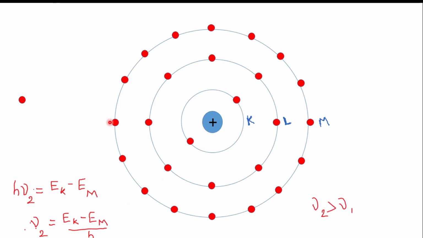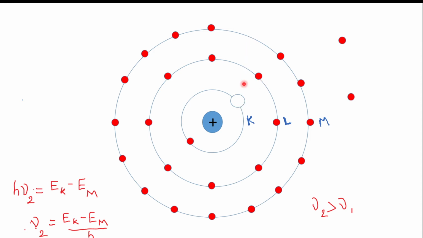Now, if the electron bombards, penetrates and knocks out the electron from the K shell, this vacancy may be filled by an M shell electron rather than an L shell electron. The electron collides with a K shell electron, knocks it out, and it goes outside, creating a vacancy.